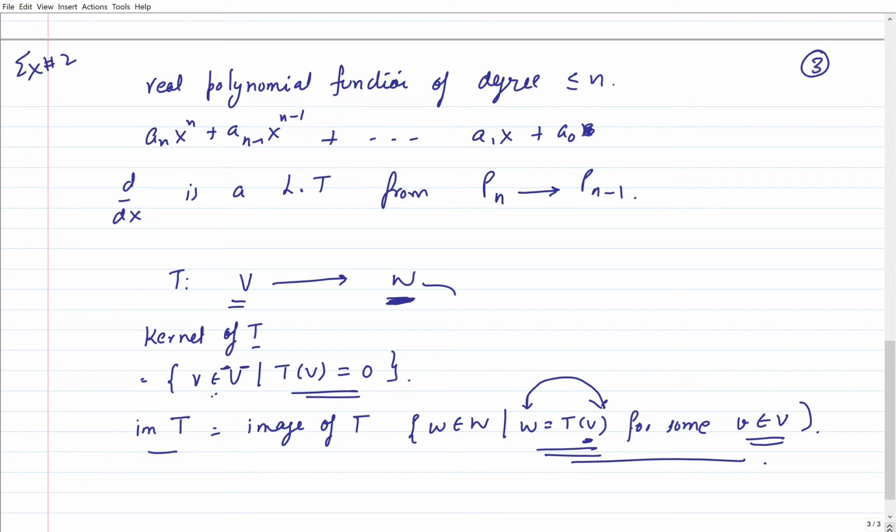So that's basically the idea. So the kernel of T is a subspace of V and the image of T is a subspace of W.